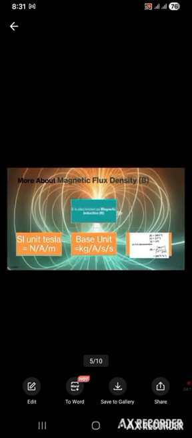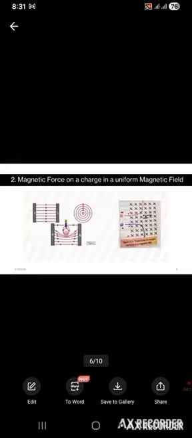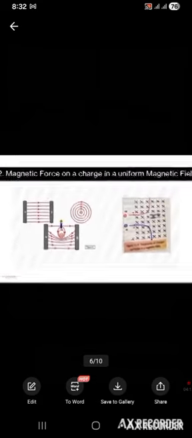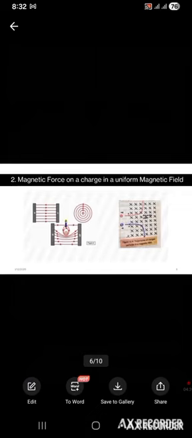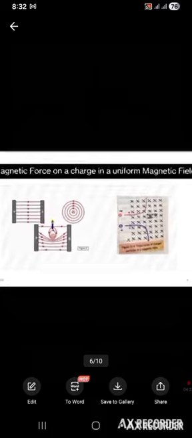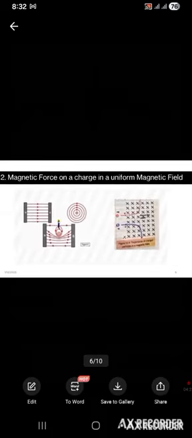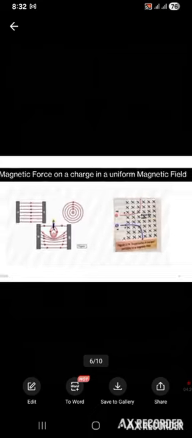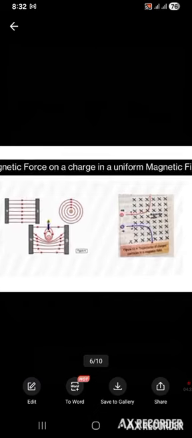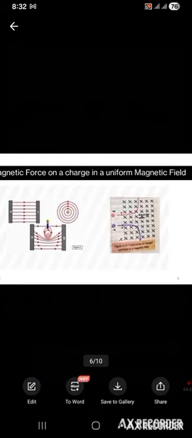Now let us proceed to the next slide, the magnetic force, the second topic of today, that is magnetic force on a charge in a uniform magnetic field. Can you see the figure? In the figure, you can see the cross signs. Do you know what this cross sign means?